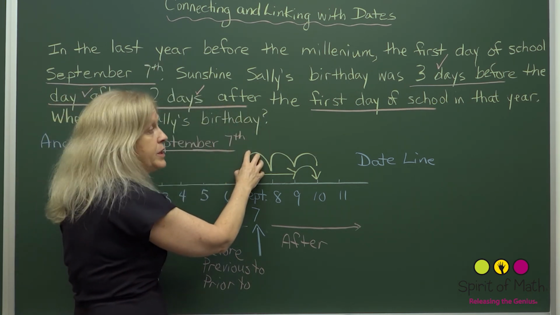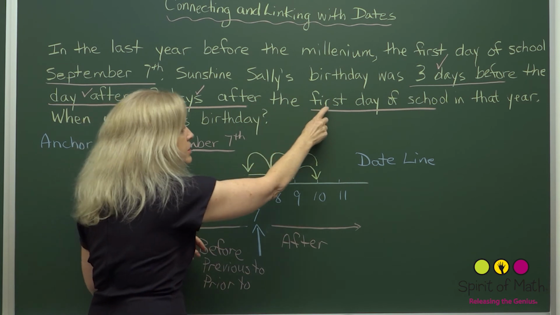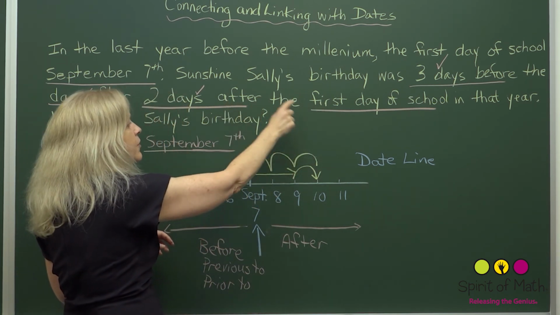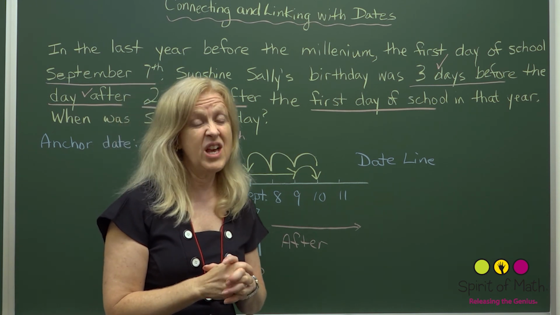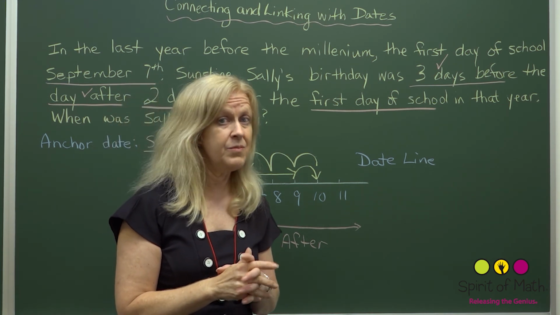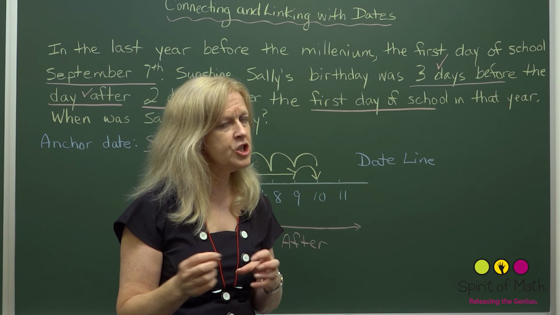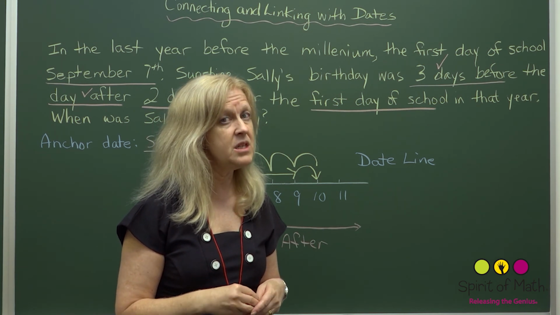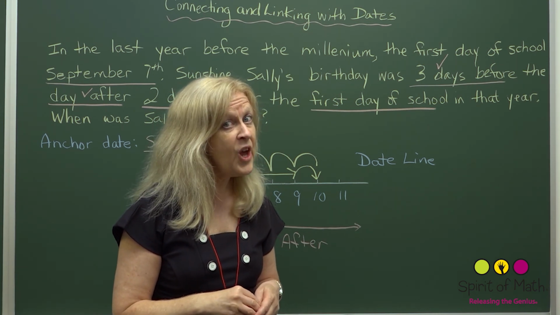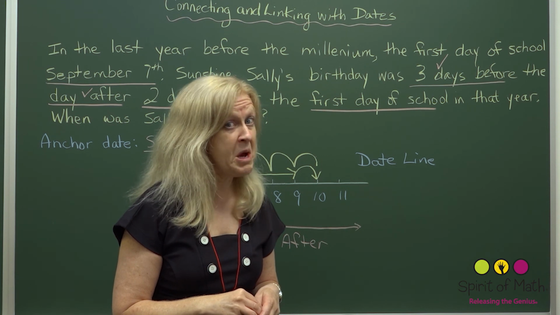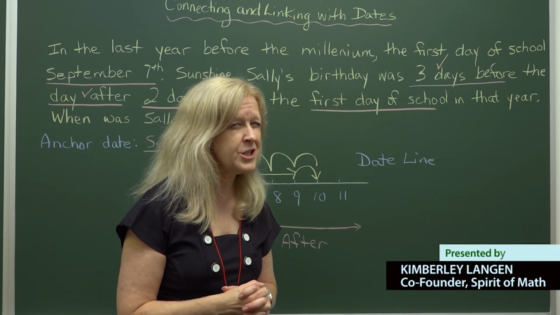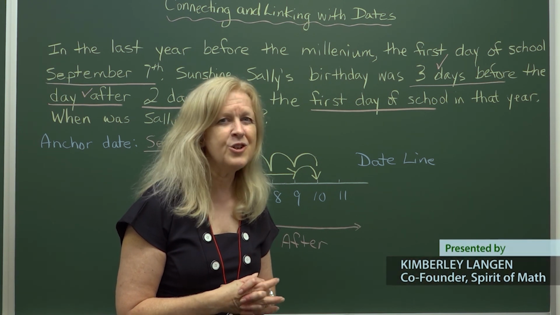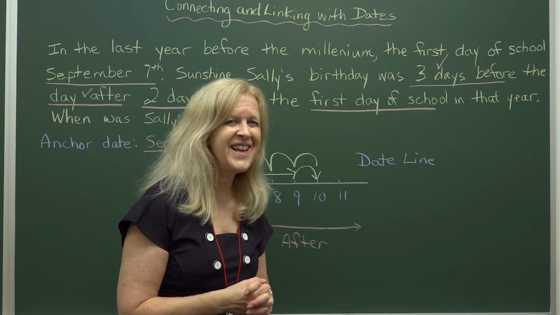So you started with that, and then you worked from there, and you linked it all together. And in this case, you happen to work backwards, all right? But you want to figure out which direction to go, because sometimes in some of these questions, you're not going to work just backwards. You have to go in a different direction within the question. So be careful and be good at figuring out the clues. Thanks and have fun.